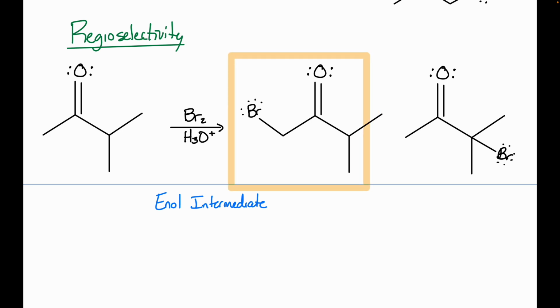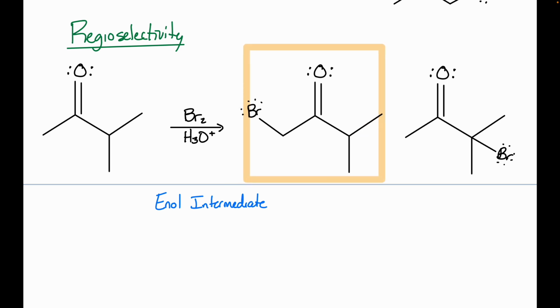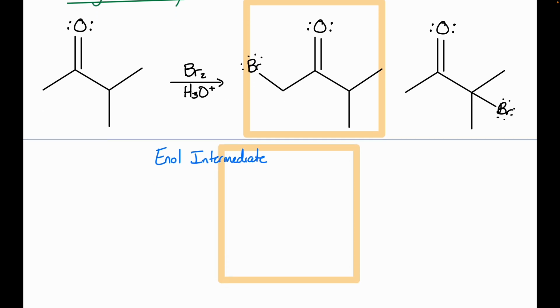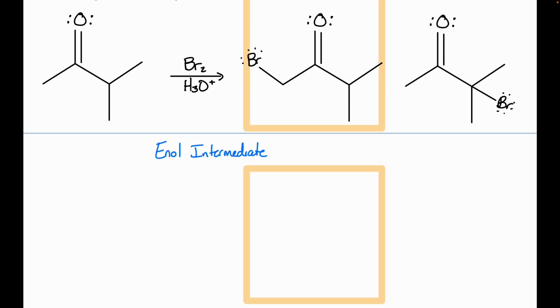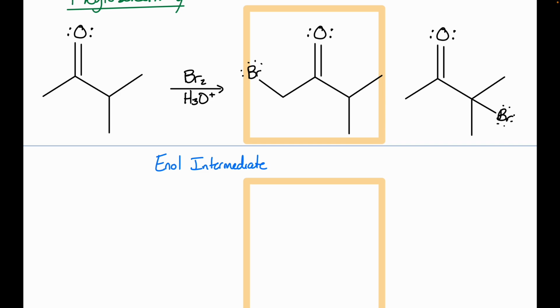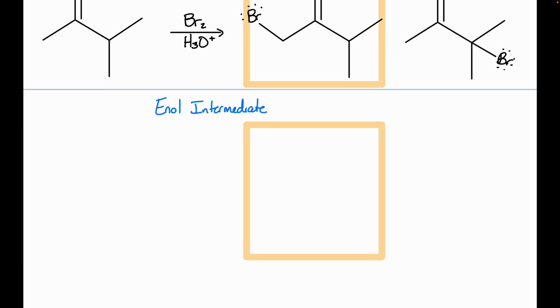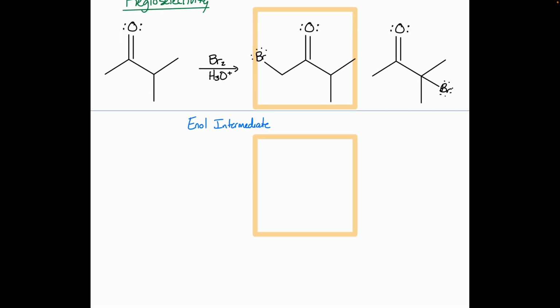Right, in order to get this orange product, my enol intermediate, remember, it's that carbon-carbon double bond that's playing the role of the nucleophile. So that means that carbon-carbon double bond must have formed over here on the left-hand side. All right, so here was the enol that I would use in my mechanism to form that one on the left.